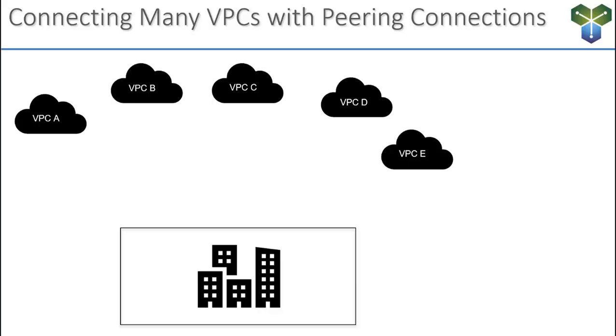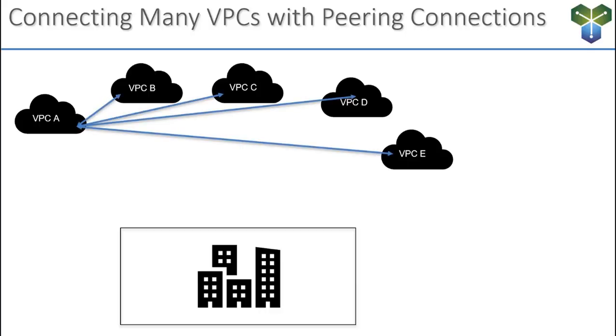Well, let's start with VPC A. If I wanted to, I could create VPC peering connections from VPC A to all of these other VPCs. And so I'd have to create 4 VPC peering connections and create the necessary entries in my route tables. And then for VPC B, if I want that to be able to communicate with the other VPCs, I'd have to create some more VPC peering connections.